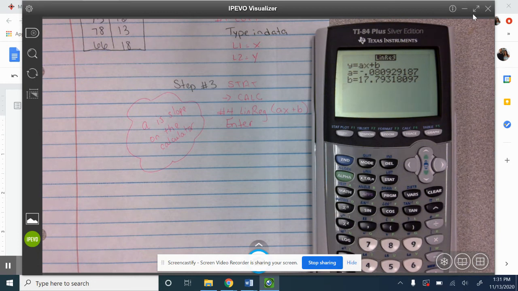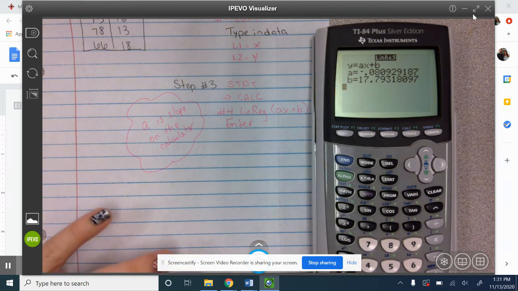So then we're going to have to round. So negative 0.0809, you could round to negative 0.1. And the b value, you would round to 17.8.